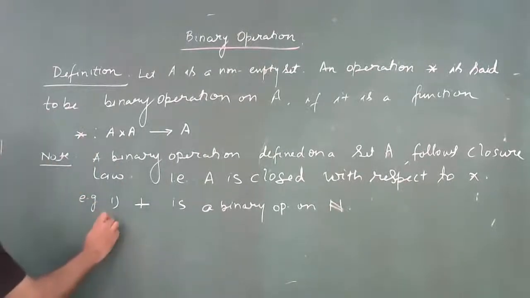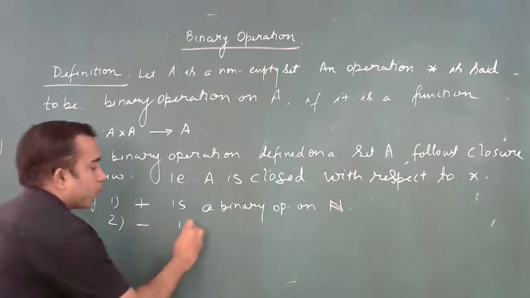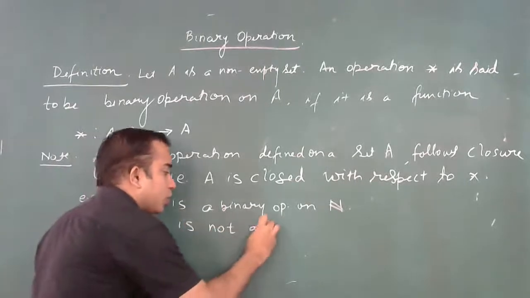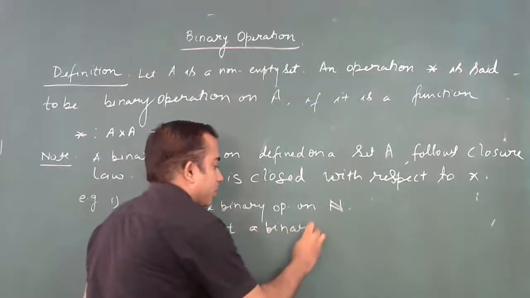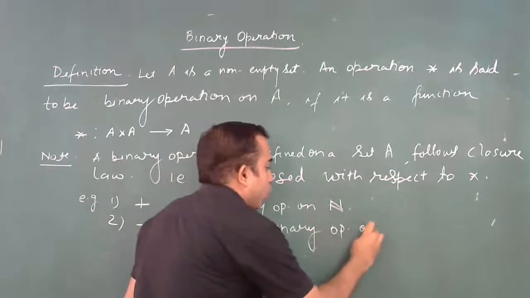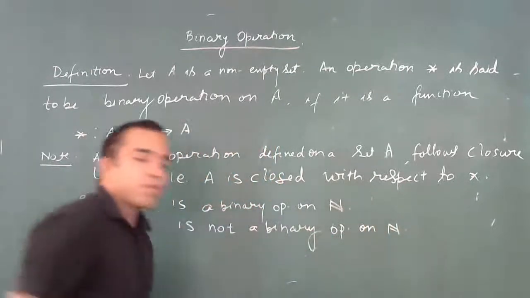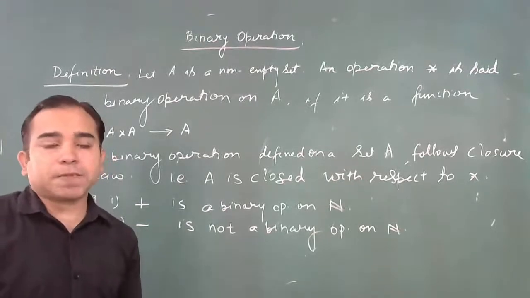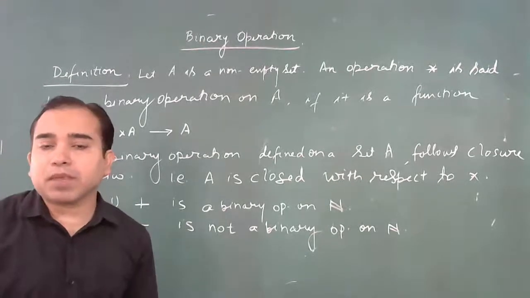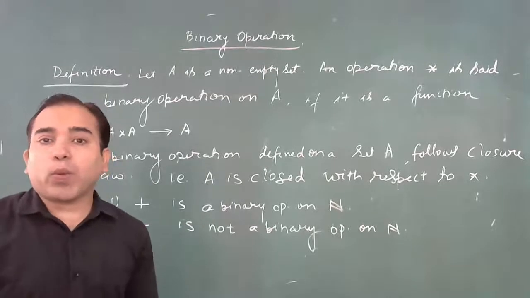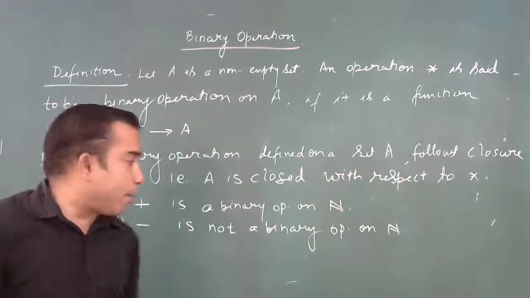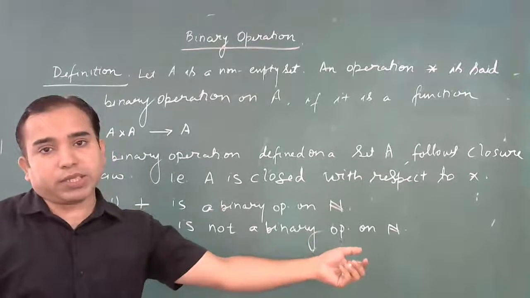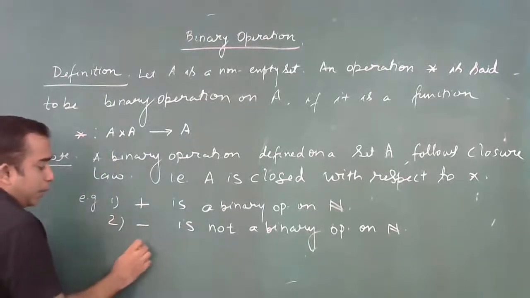Another example, let us see that subtraction is not a binary operation on N, because you take two natural numbers and you subtract them, and the result will not always be a member of the set of naturals. I show you an example.